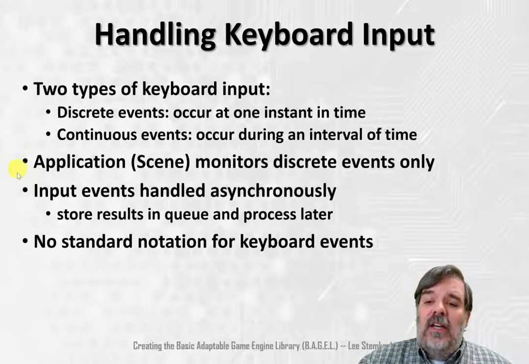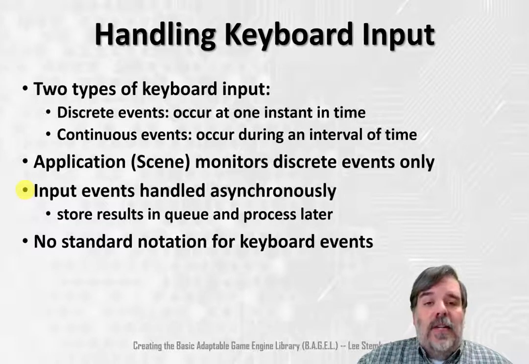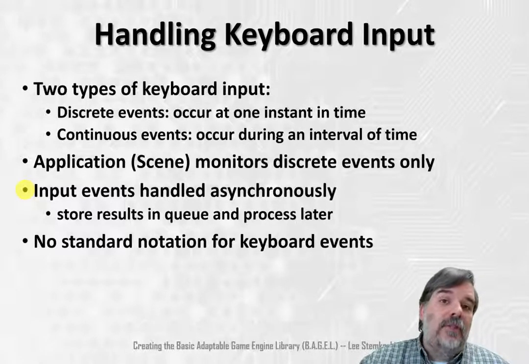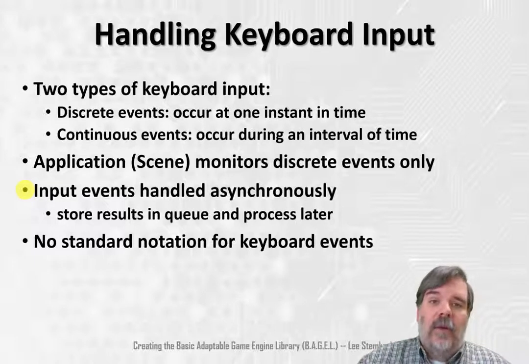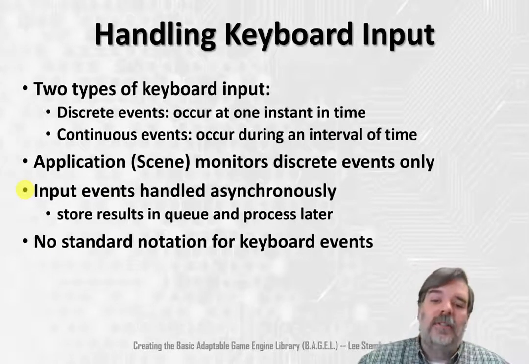One potentially complicating factor is that input events are handled asynchronously, kind of like an interrupt. You can set up your program so that when the computer detects a user input event, a certain function is called. However, that function or that key press probably won't line up with the exact instant that you're checking for a key press in your update function.